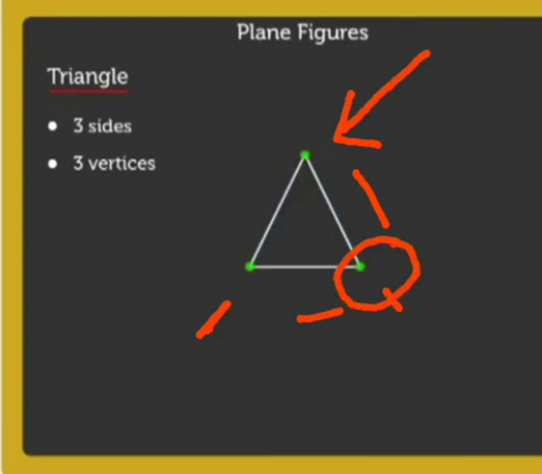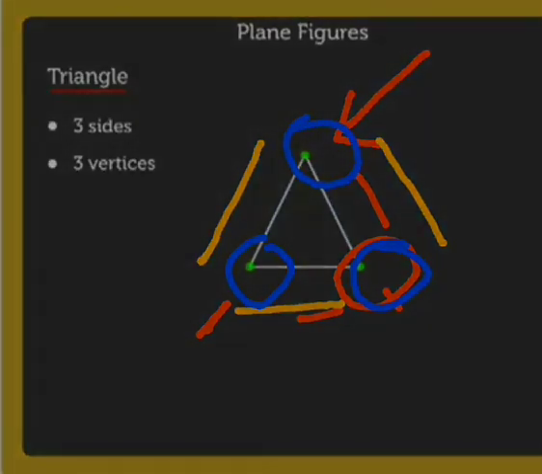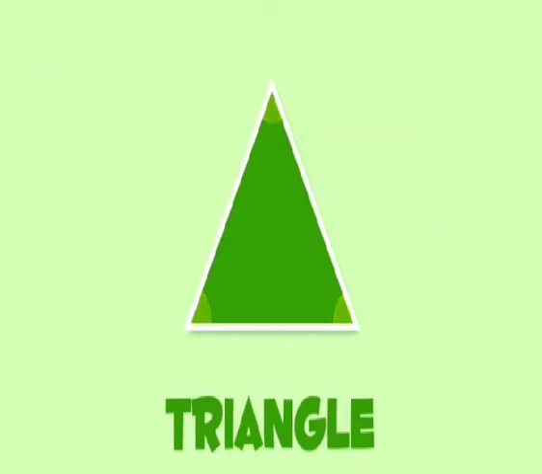Children, corner is also known as vertex. So a triangle has 3 sides, 1, 2, 3 and 3 vertices, 1, 2, 3. Now let us see some examples of triangle.